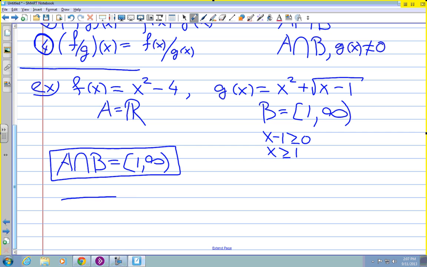If I graph both of them, here's A, all real numbers, and here's 1, including 1. So literally, that's what they intersect, from 1 to infinity. Why did you include 1? Because then it would be 0, but I can do square root of 0. Square root of 0 is 0. I cannot do 0 in the denominator, but I can do square root of 0.